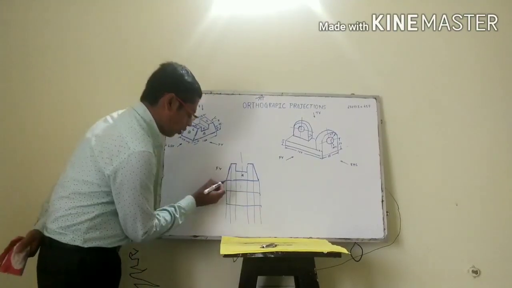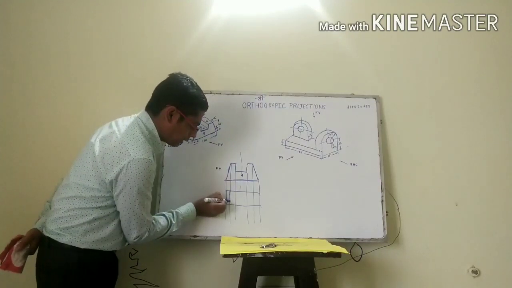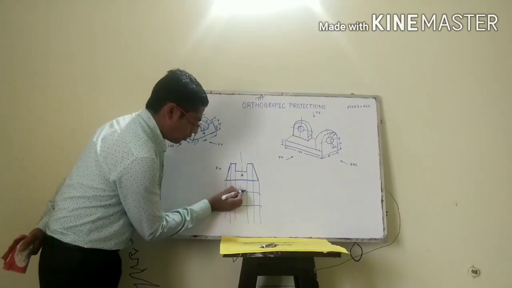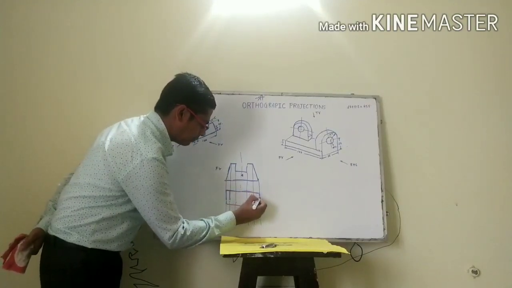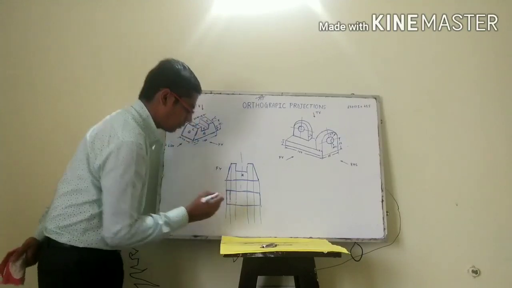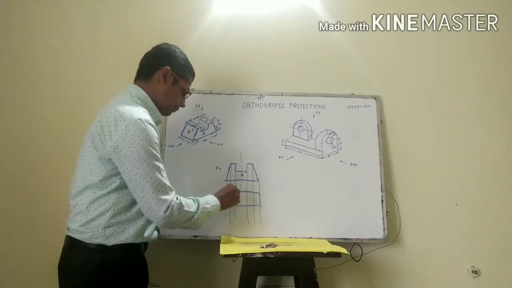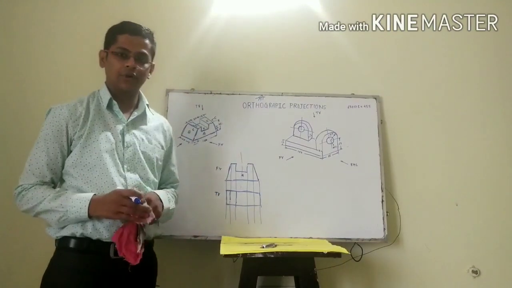When you see from the top, this line is visible, so this is dark. This line is visible, dark. This is also dark. Similarly, this side everything should be darker. Is that clear? So this is my top view.